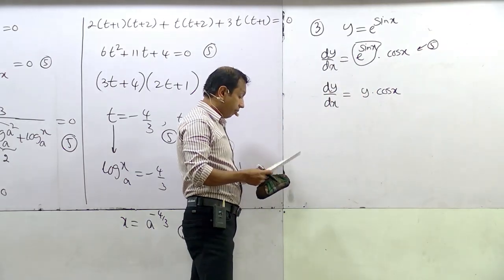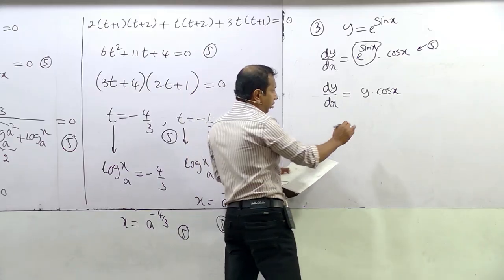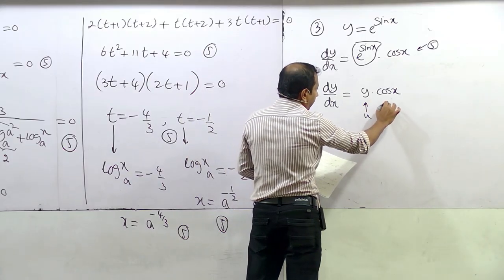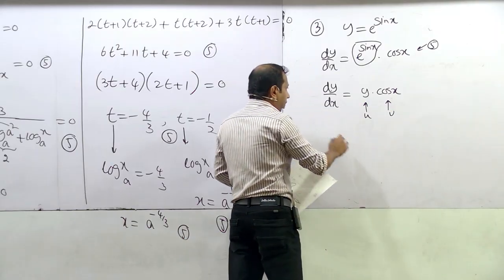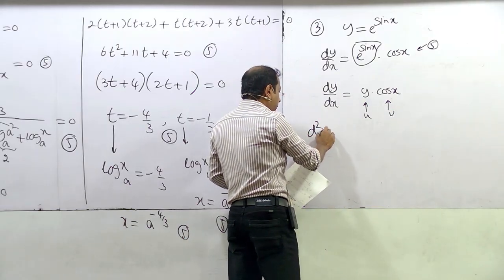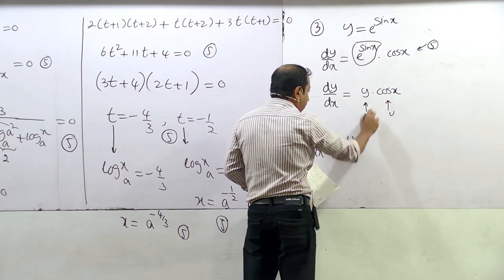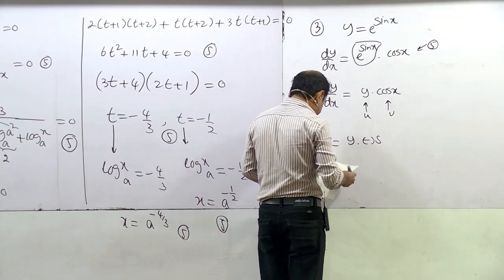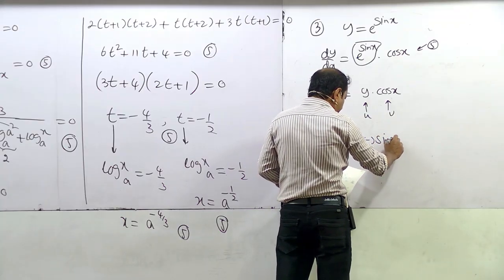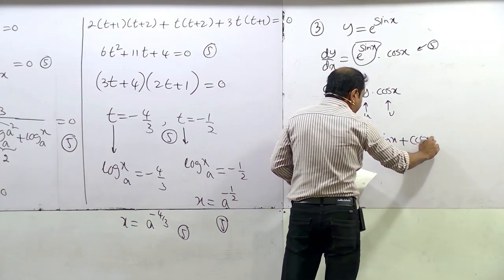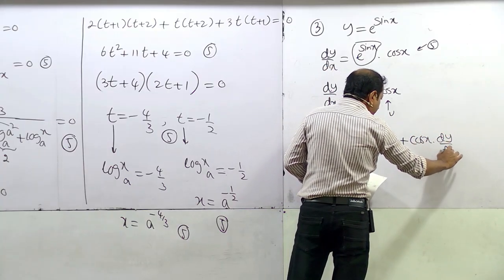Secondly, we differentiate, taking this as the u function and this as the v function. When we differentiate this, we get the second derivative d2y over dx2. y cos x: the derivative of cos x is minus sin x. Alright, keep cos x the same. Derivative of y is dy by dx.